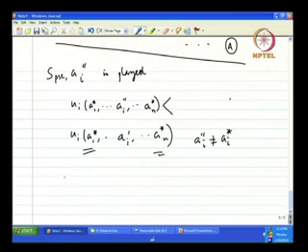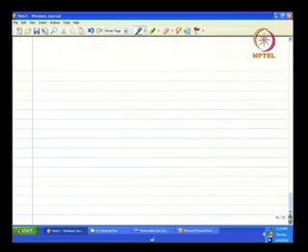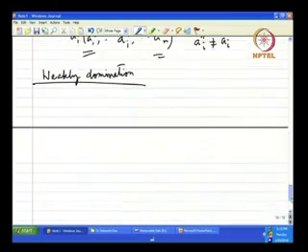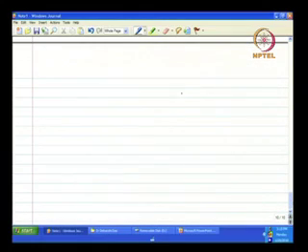Let me now come to the other concept of domination, which is called weak domination. And to motivate the idea, let me go back to that example of cars and intersection.